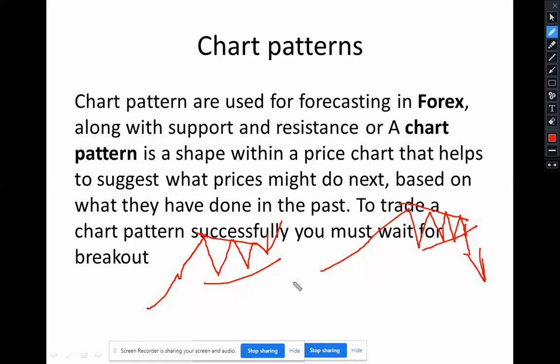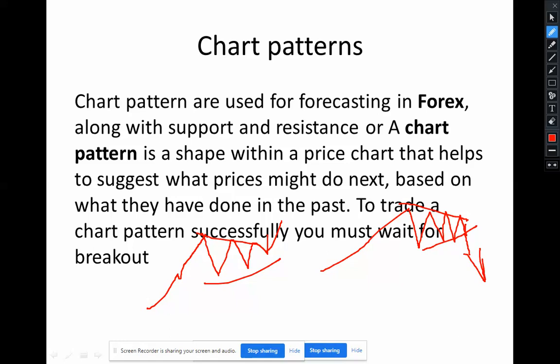So once we sight the pattern, we draw it, we identify it, and wait for our confirmation. That means we are forecasting what is happening in the price. It helps us suggest what price might do next based on what they have done in the past.